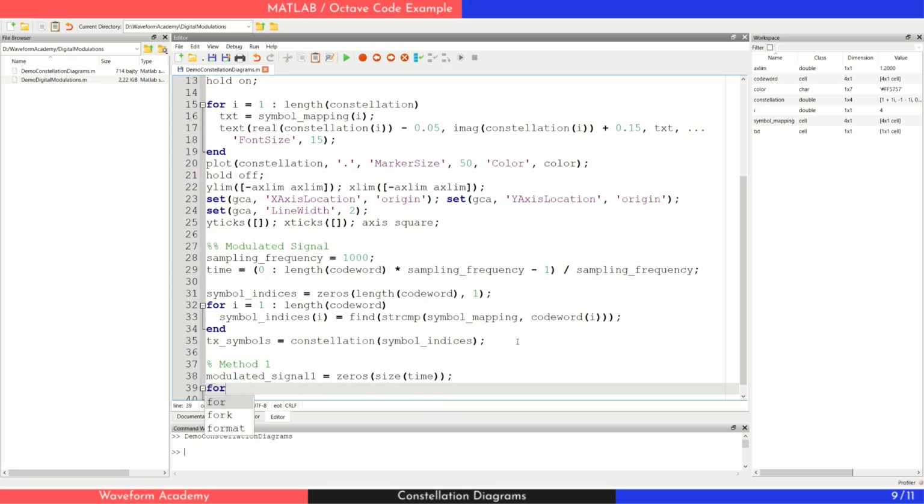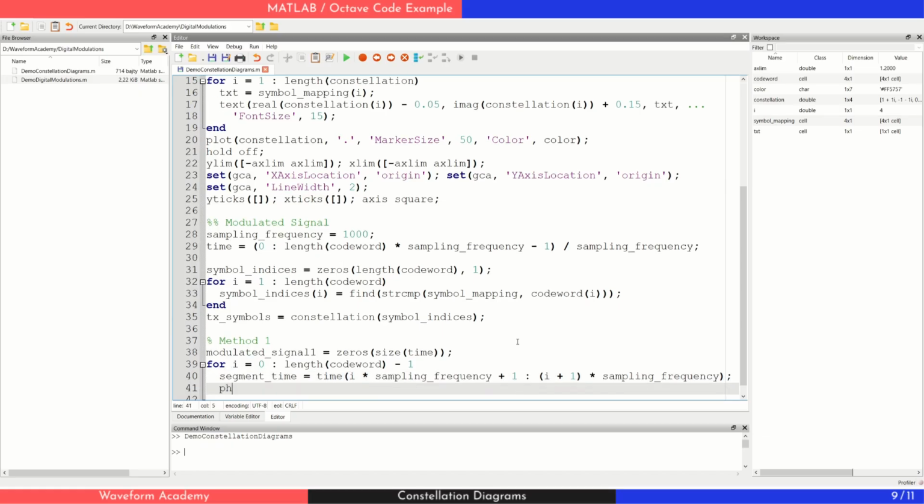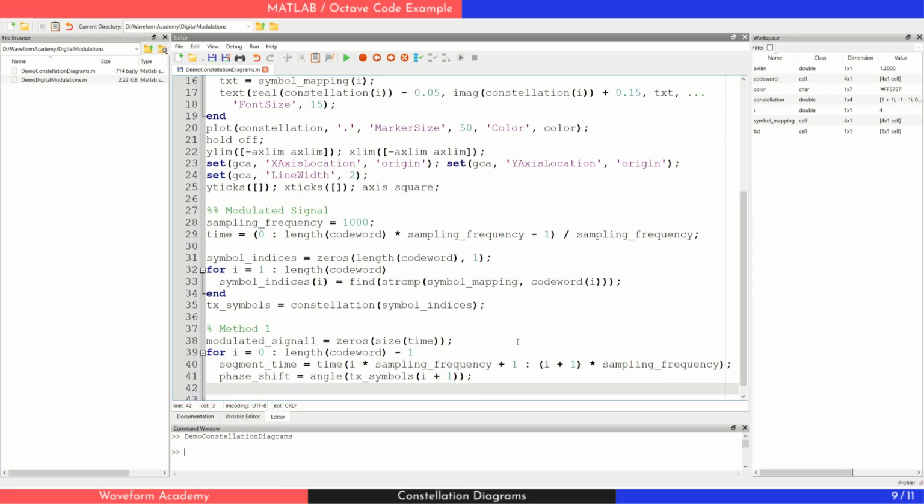For each symbol, we select its time segment and calculate the phase shift based on the symbol's angle. Then we generate a cosine carrier and apply the calculated phase shift.